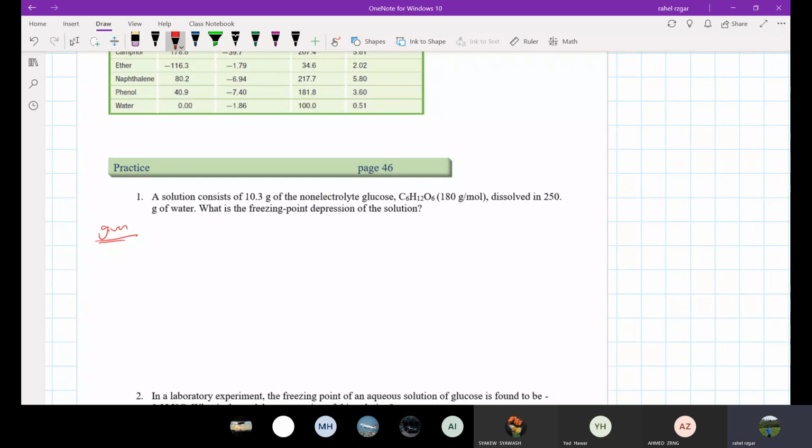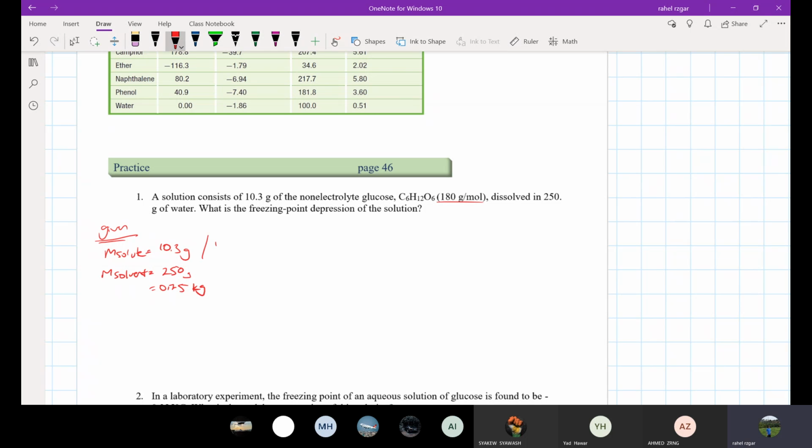It says a solution consists of 10.3 grams of non-electrolyte glucose dissolved in 250 grams of water. So mass of solute is given, which is 10.3 grams, and mass of solvent is given, which is 250 grams, and we know that we have to convert mass of solvent into kilograms, so it becomes 0.25 kilograms.